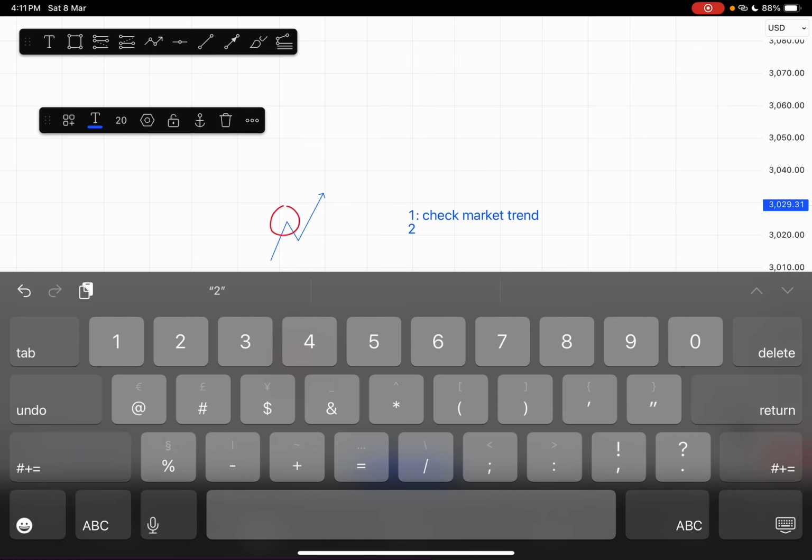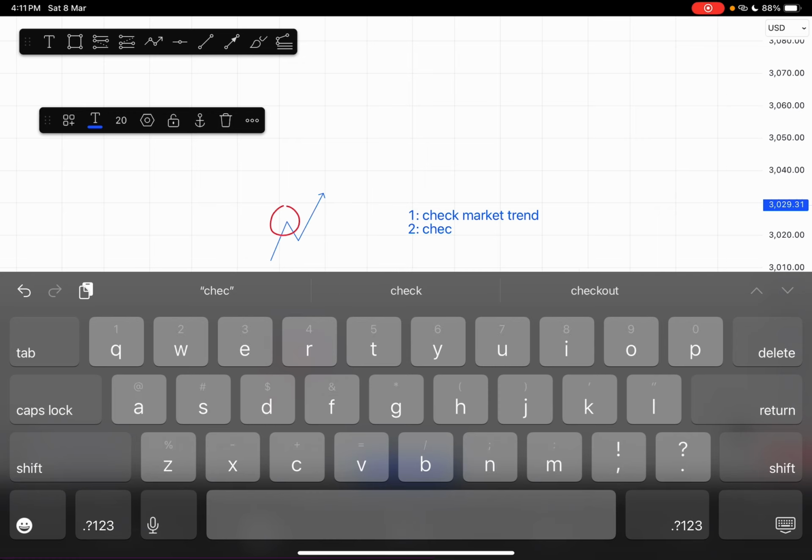After that, check if price has created a market structure shift.